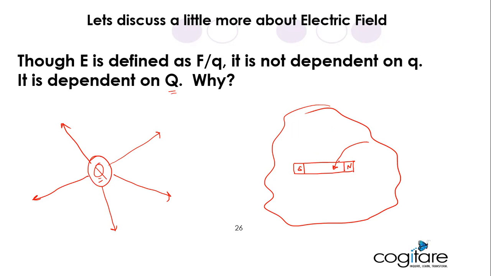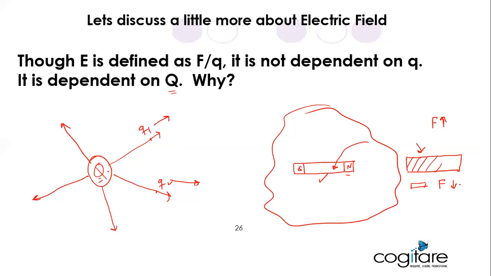If I put a strong magnet in the vicinity of this magnet, the force between them will be high. If I put a weak magnet in the vicinity of this magnet, the force experienced will be low. Because the overall force is going to be dependent on the strength of this fellow as well as the strength of this fellow. Similarly, if I put some charge Q1, some charge Q2, the force experienced by them will be different.